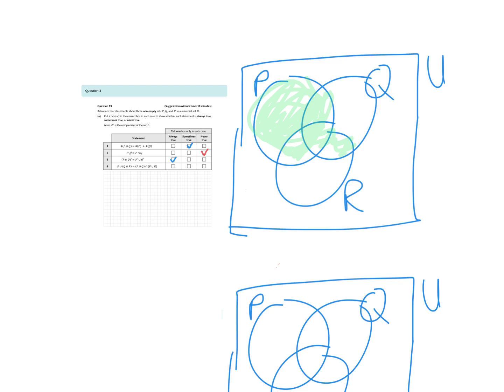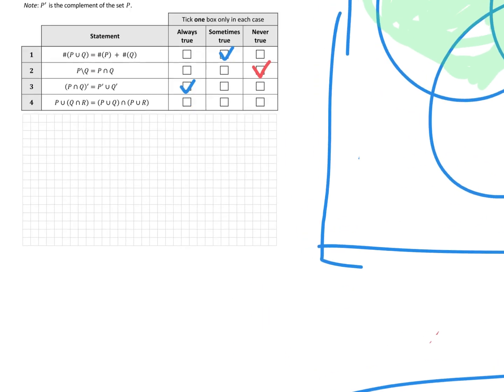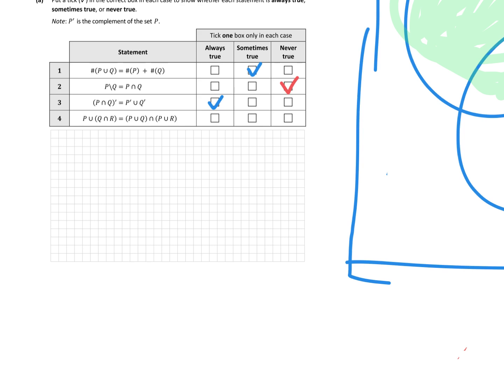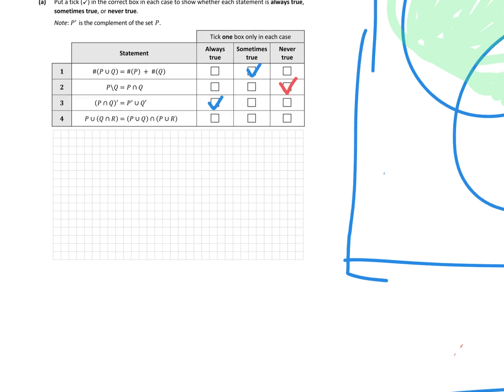So it looks like that. That's our left hand side, P union the intersection between Q and R. And then the right hand side is P union Q intersection P union R.